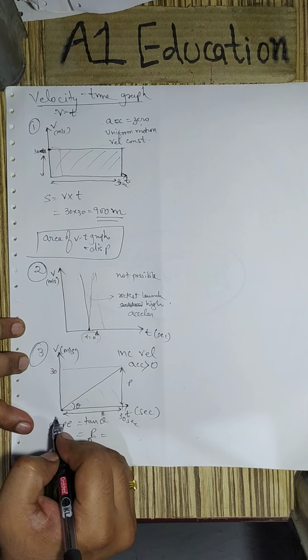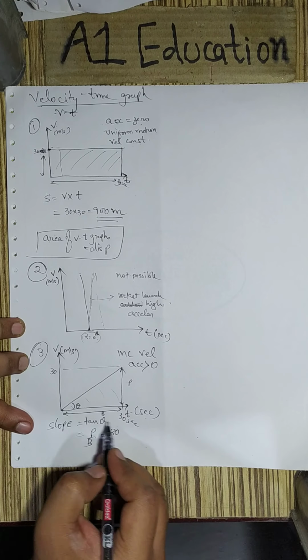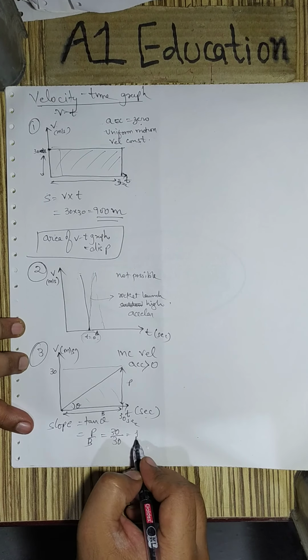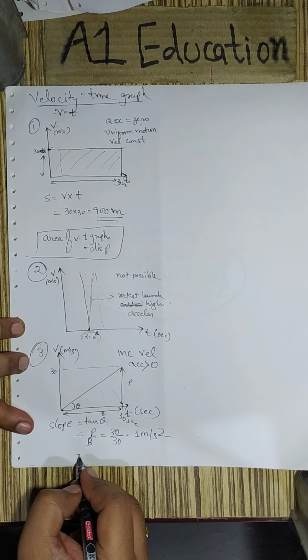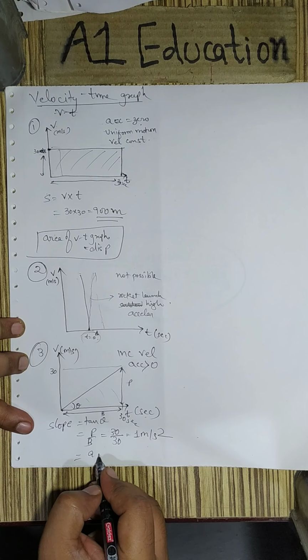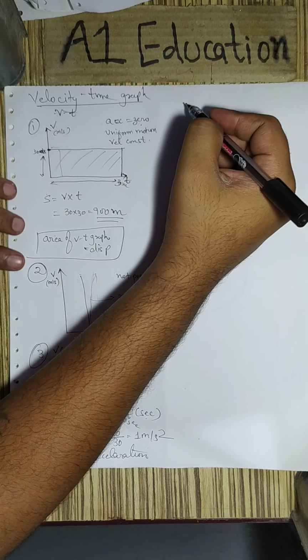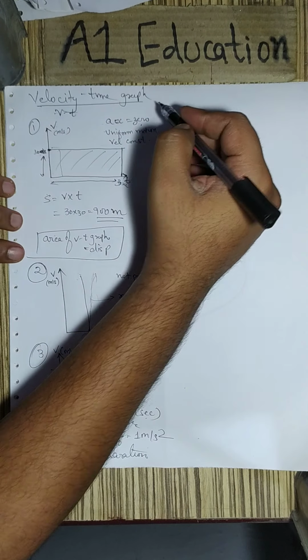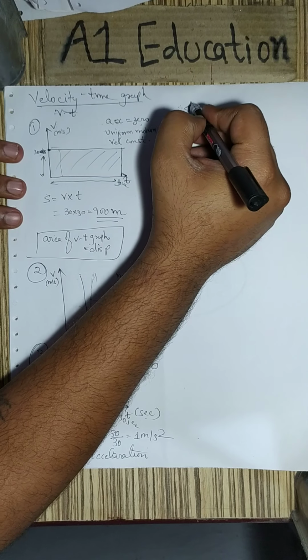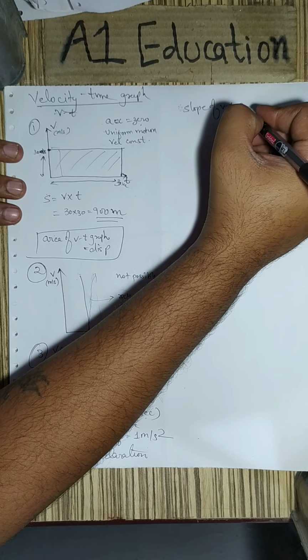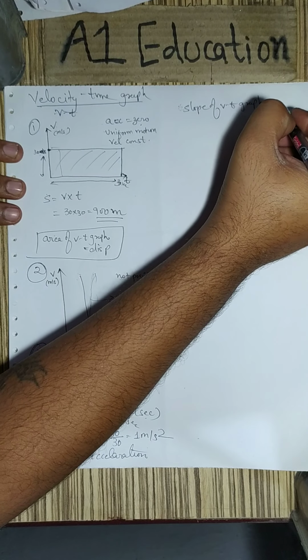So again, perpendicular is 30 meters per second and the base is 30 seconds, which gives me 1 meter per second square. Hence, the slope of the velocity time graph will give me acceleration. This is the second most important conclusion of the velocity time graph, that slope of velocity time graph gives acceleration.